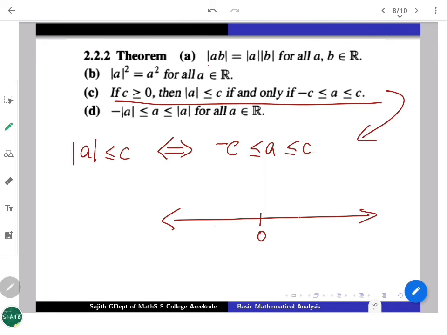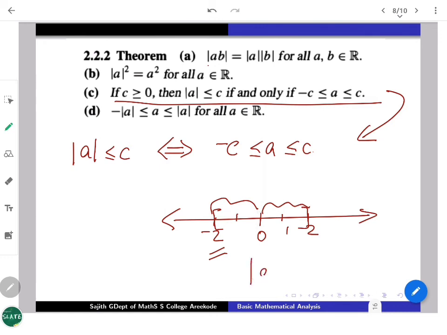If you want to look at those points which are at a distance of 2 units, then you have to consider 2 units on the right hand side as well as on the left hand side. So my A lies from -2 to +2. Precisely, the modulus function gives me how far away from 0.